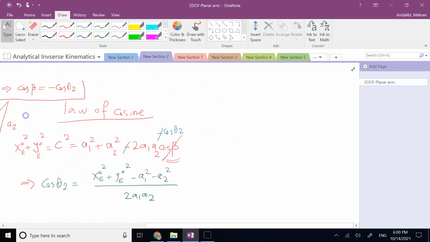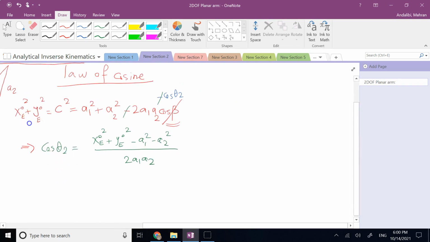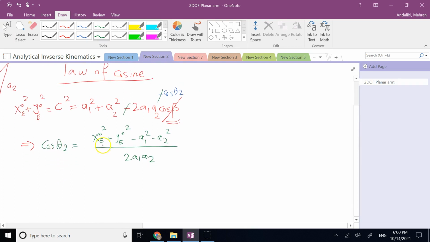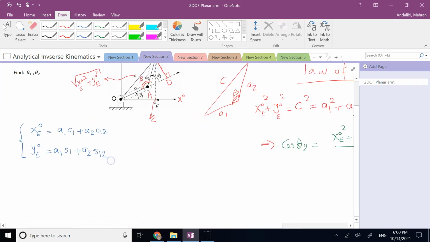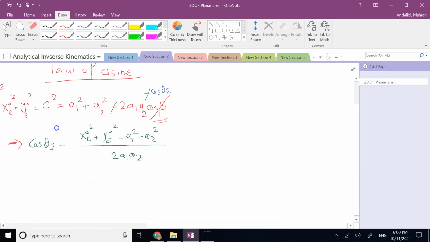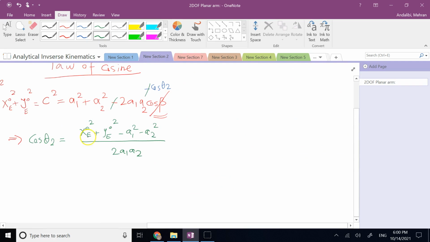Okay, this formula gives me cosine of theta 2, and now you might say, I take a cosine inverse of both sides, and that gives me theta 2, one of the two unknowns. Yes, you can do that, but the problem with the arc cosine function or the regular arctangent function is they are not quadrant corrected.